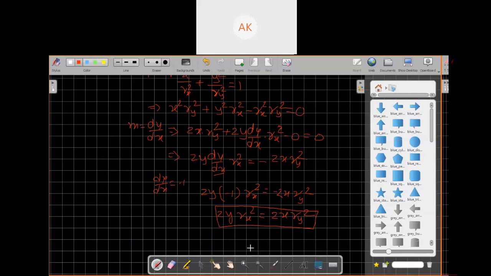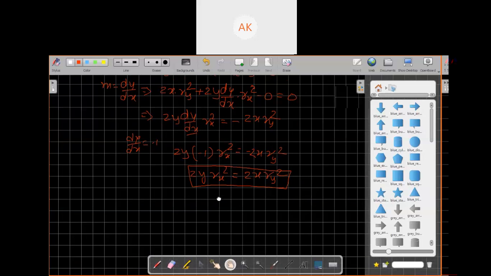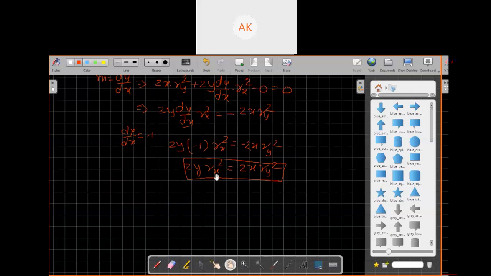So the condition where we stop calculating the points for region 1 is when 2y rx square is greater than or equal to 2x ry square. When this condition is true, we are entering into region 2, means the calculating of region 1 points has been completed, and we have entered into region 2.